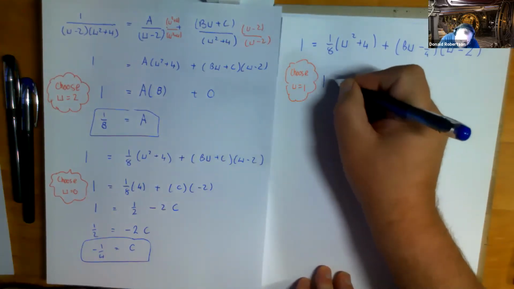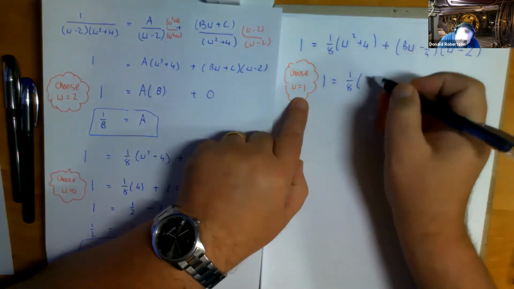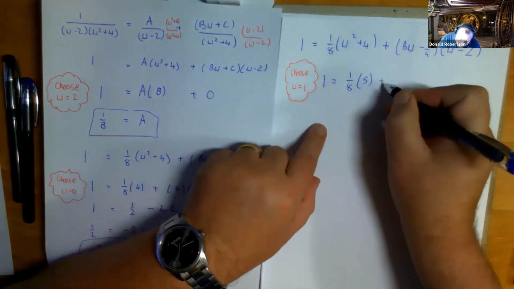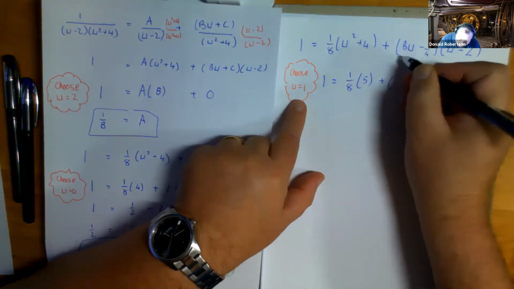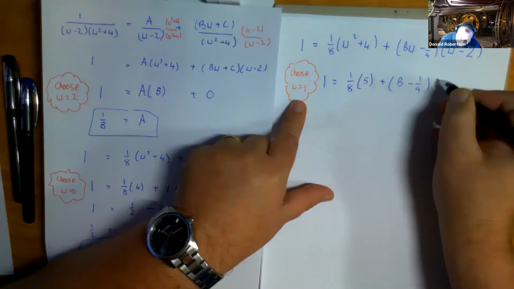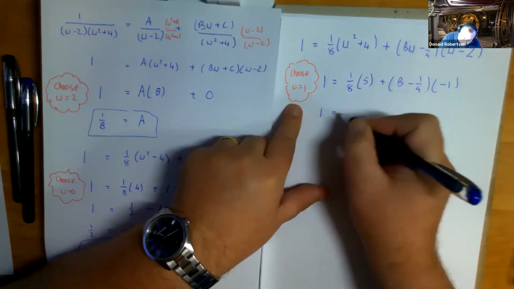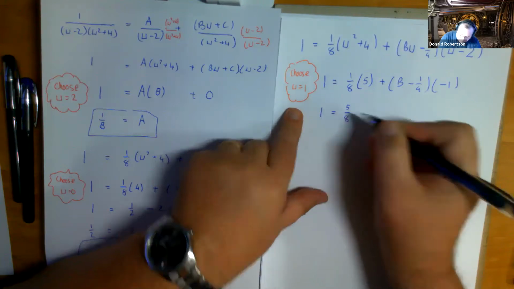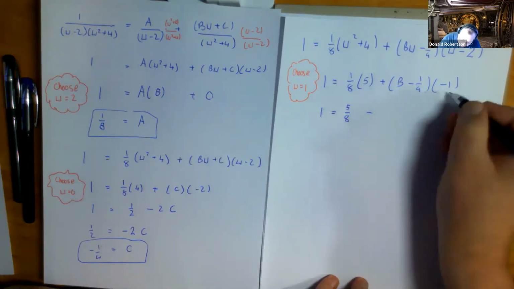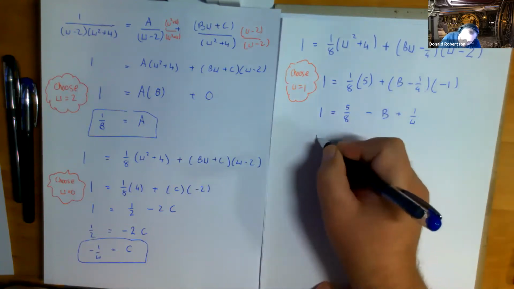So what do we get? We get 1 equals 1/8 times 1 squared plus 4, which makes that 5, plus, well, it's helpful here as well because won't that just be a B? Take away 1/4. Multiplied by what? -1. So I have 1 equals 5/8. Distribute that, it is -B plus 1/4.